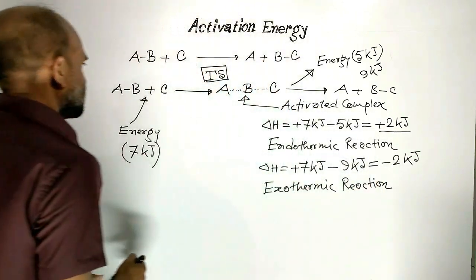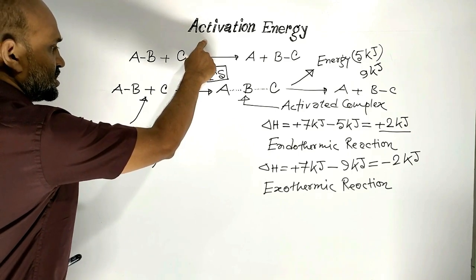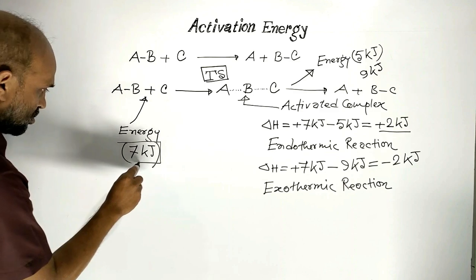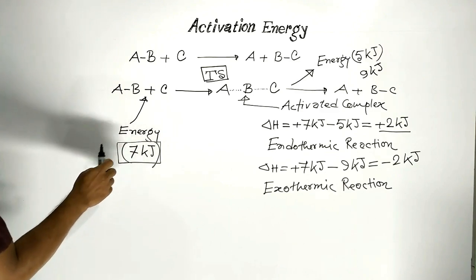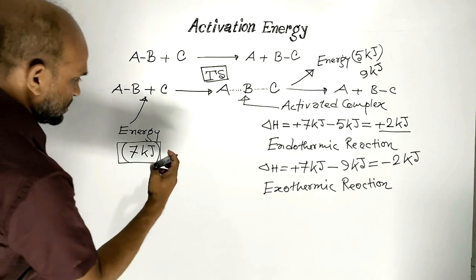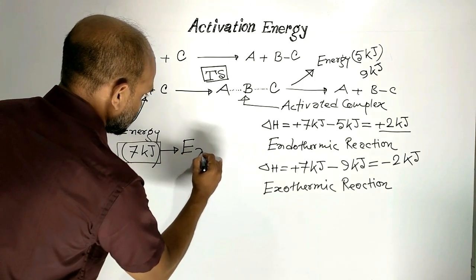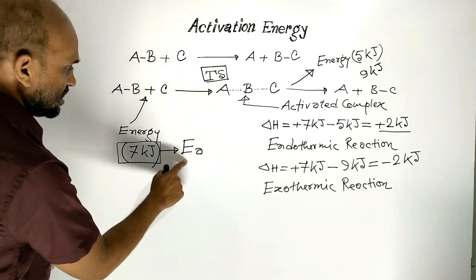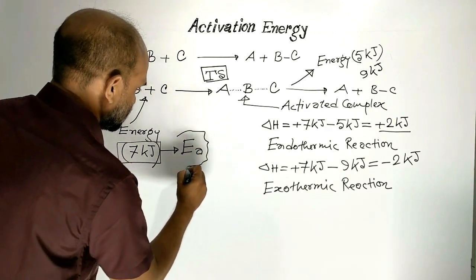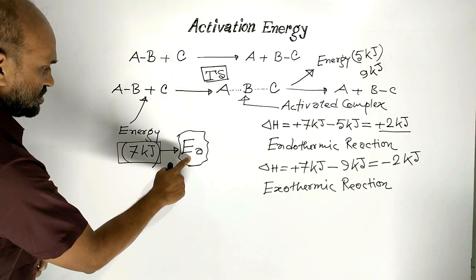Now let us go to the main point, activation energy. Actually, this amount of energy for this reaction is called activation energy. Activation energy is denoted by EA. Now let us define what is activation energy.